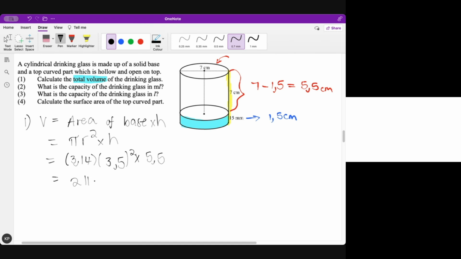Now I got your answer. 211,56 centimeters cubed. And to convert to milliliters, let's see if you guys remember how to convert to milliliters quickly. How do you go from centimeters cubed to milliliters? It's the easiest conversion in the history of conversions. Thank you very much, sis. It's the same thing. It's 211,56 milliliters.